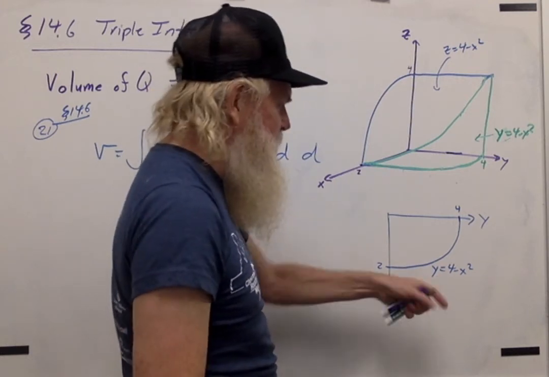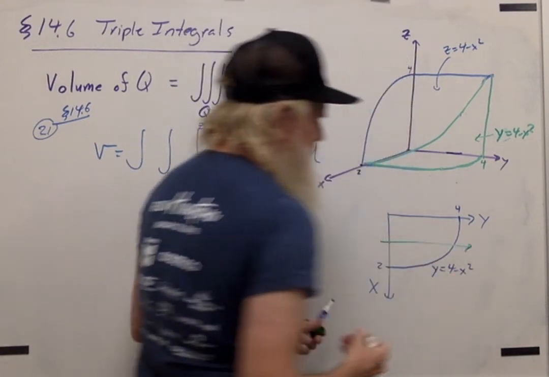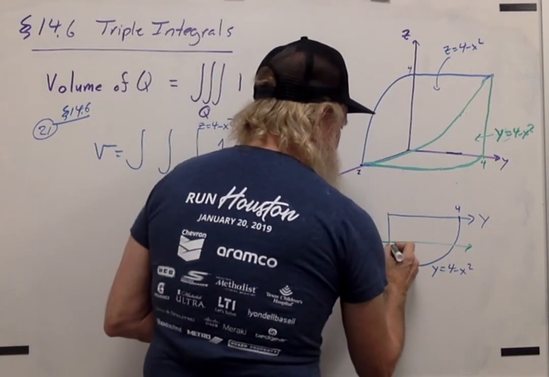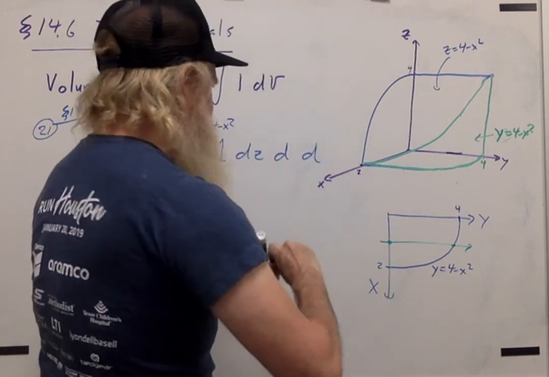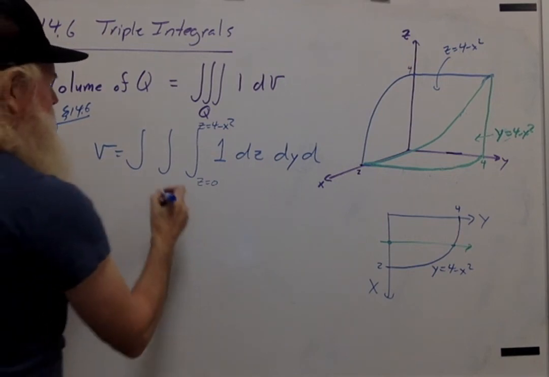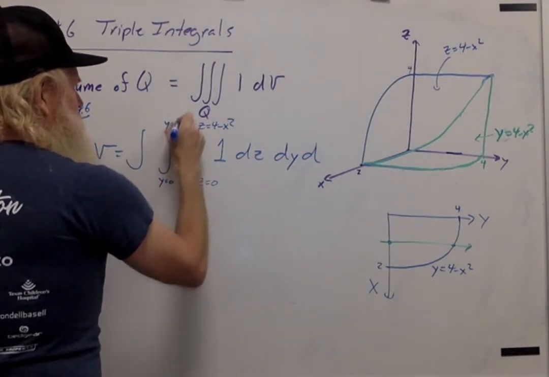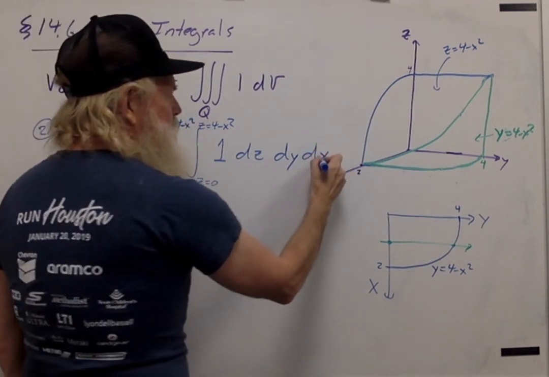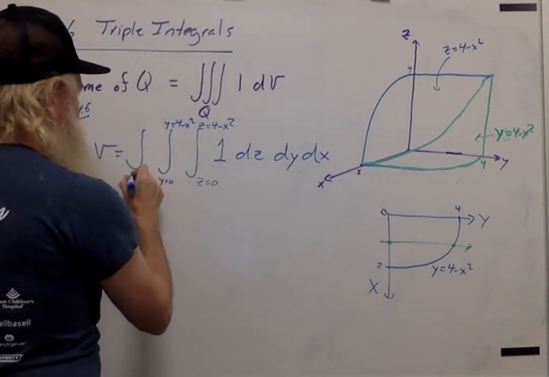In fact, it's already written in the form y equals. So that suggests that we want to slice next parallel to the y-axis. And then I'll be entering on y equals 0 and exiting on y equals 4 minus x squared. So we're going to do y next, going from y equals 0 to y equals 4 minus x squared. And then the outer bounds are with respect to x, and x goes from 0 to 2.